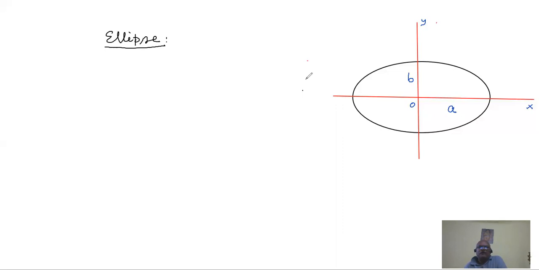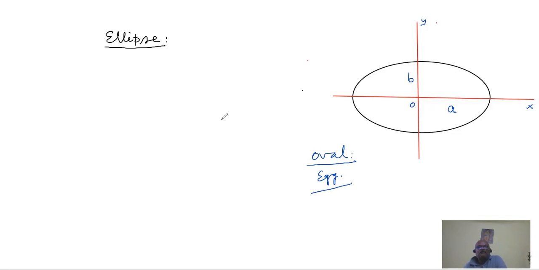If you start from a point on the curve, maybe a circle, maybe an ellipse, and you go along the curve, you are bound to return to the same point. But an ellipse is slightly different. The shape of the ellipse is an oval, just like the shape of most of our cricket grounds, the shape of the egg, that is almost an ellipse, an oval shaped curve.